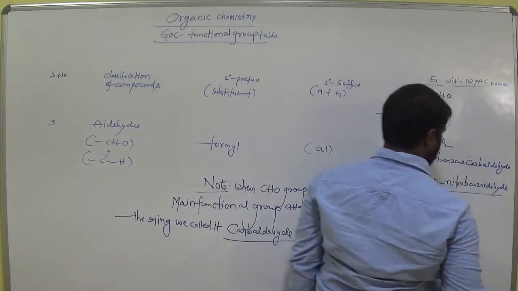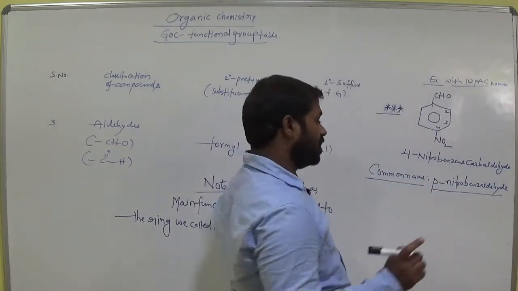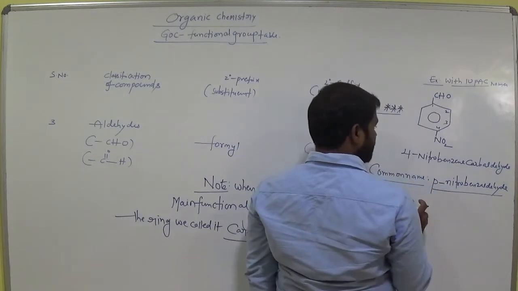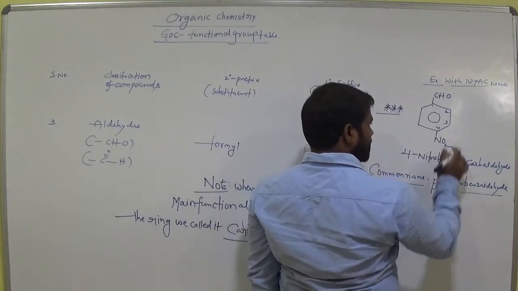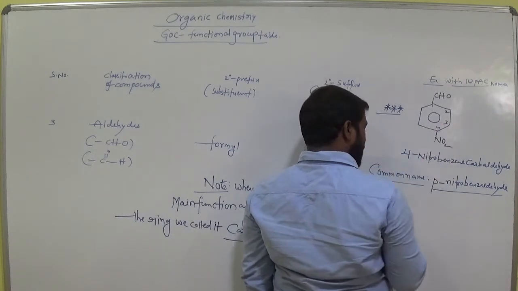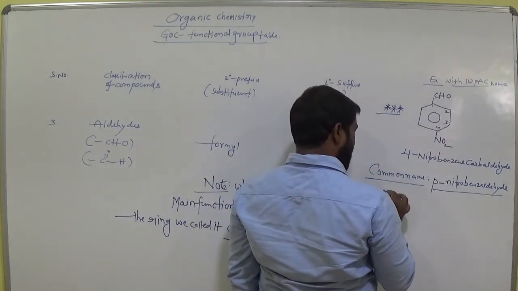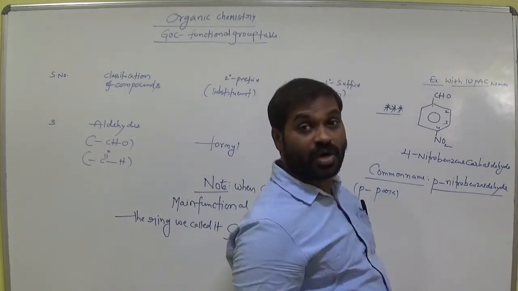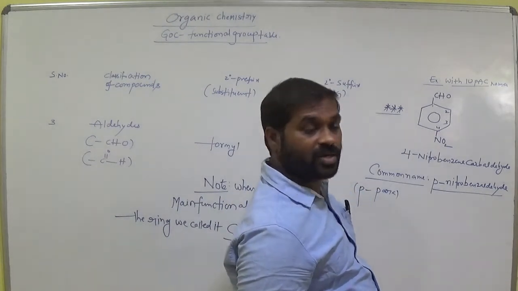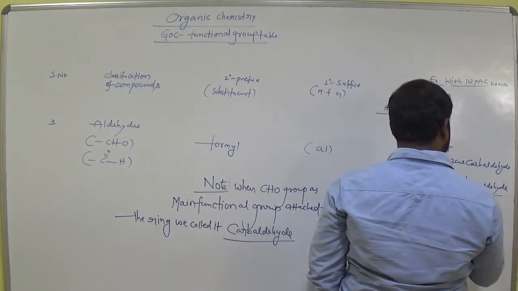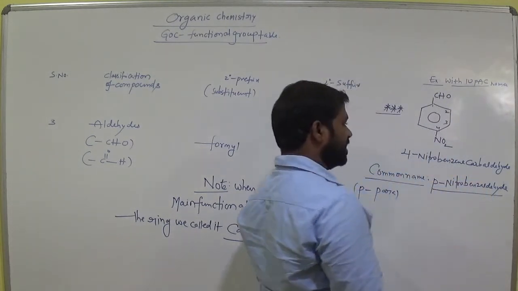This is the common name. This position with respect to the main group is called para. Para-nitro benzaldehyde, clear student?